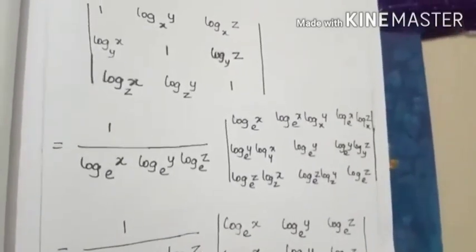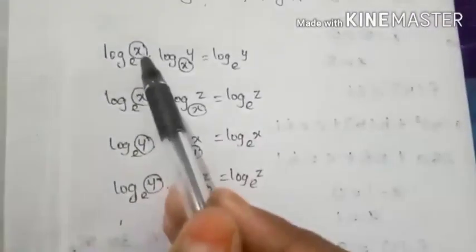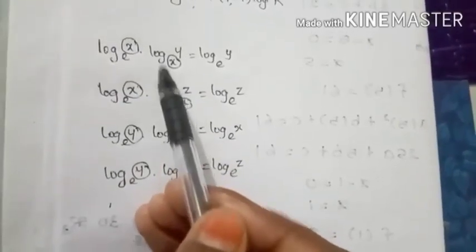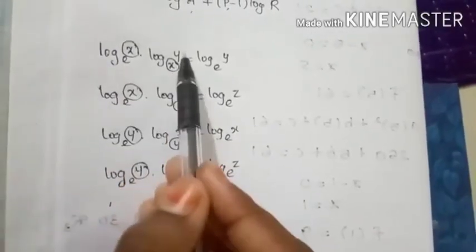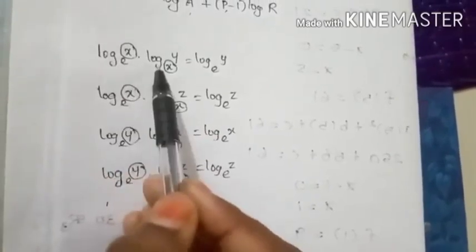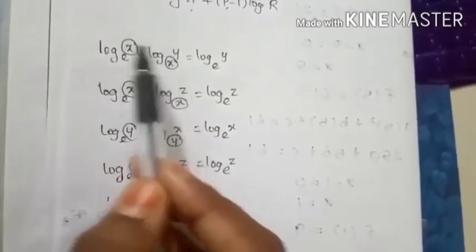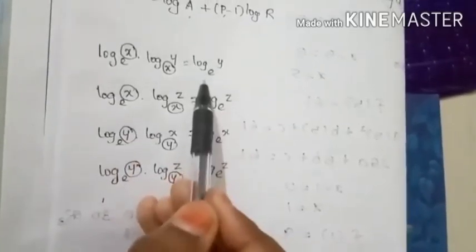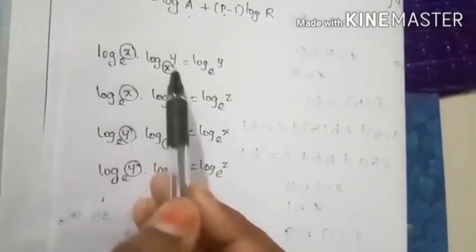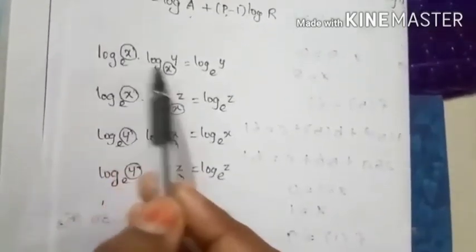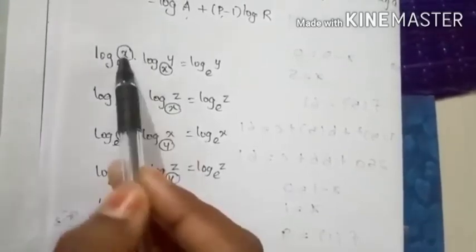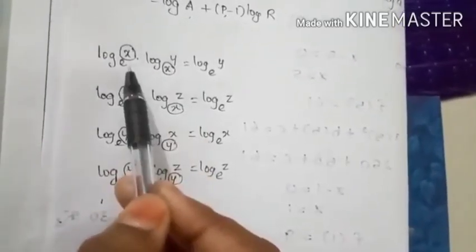We know a rule of logs: log_e x into log_x y. The product of these two terms with the same base x, the x is eliminated, so the answer is log_e y.